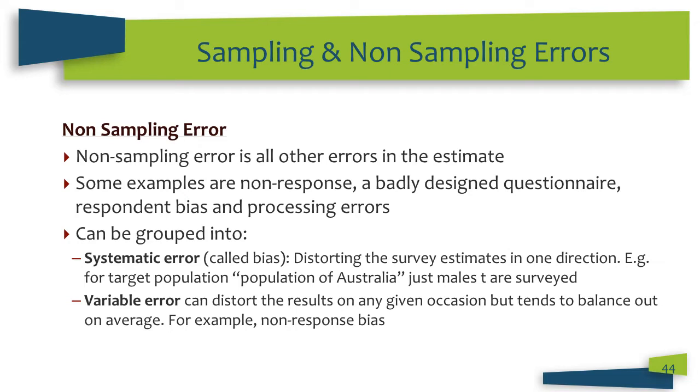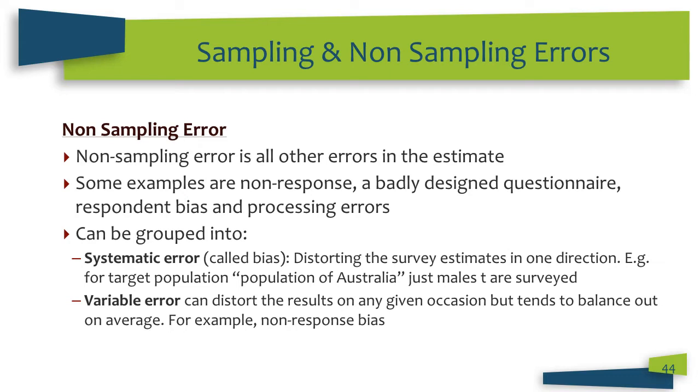One is systematic error, which is called bias. An example would be that you want to target the population of Australia, but you have administered your survey to males only, so that is a systematic bias that you've introduced into your survey.